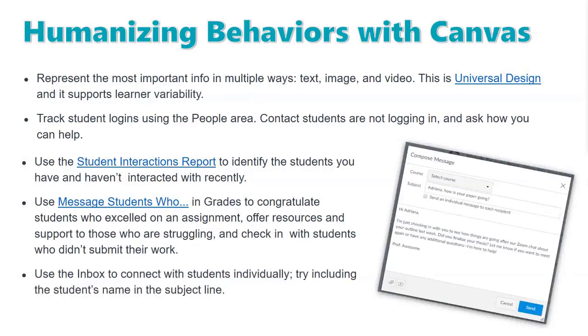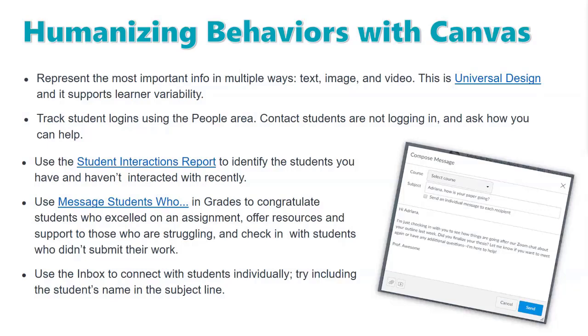And then lastly, if you wanted to contact them one by one individually, the inbox is a good way to do that. And we were talking before about the power of using a student's name, which is why I put this image here. Think about how you could do something like what you see with the subject line here. So let's say that you have a student who had some questions or was uncomfortable or unsure about a paper that she was working on. You met with her. A few days later, you could follow up with an email just checking in to see how things are going.